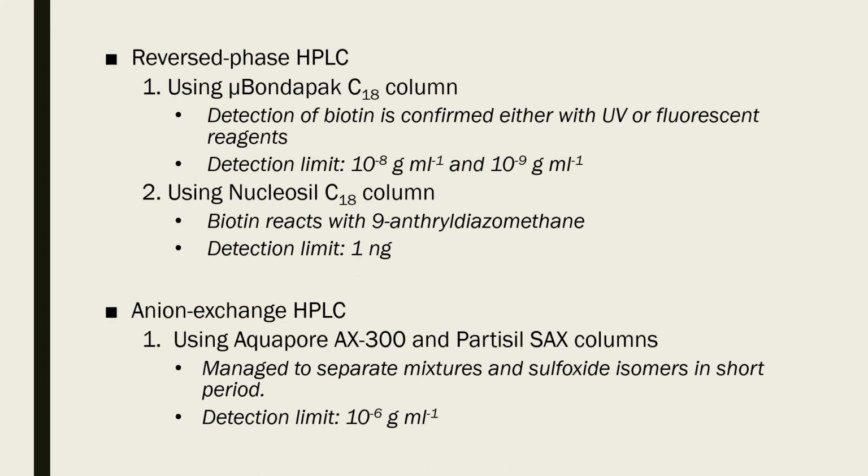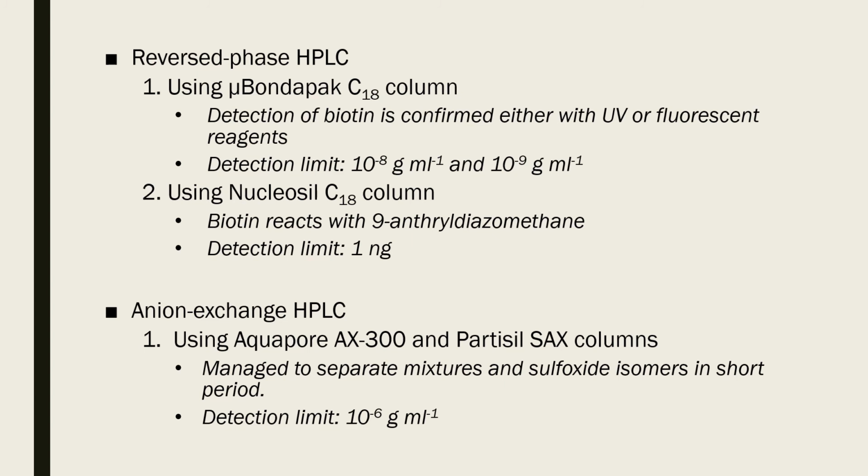There are several HPLC methods developed for biotin. First one is reverse phase HPLC by using mu Bond-Dopak 18 carbon column. The detection of biotin is confirmed either in UV or fluorescent reagents. The detection limit, if we use this column, is 10 to the power of negative 8 gram per milliliter and 10 to the power of negative 9 gram per milliliter.